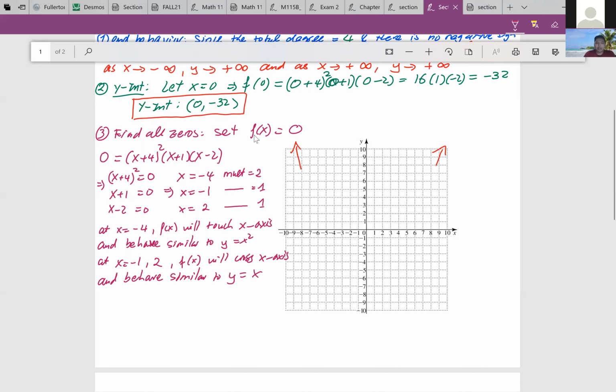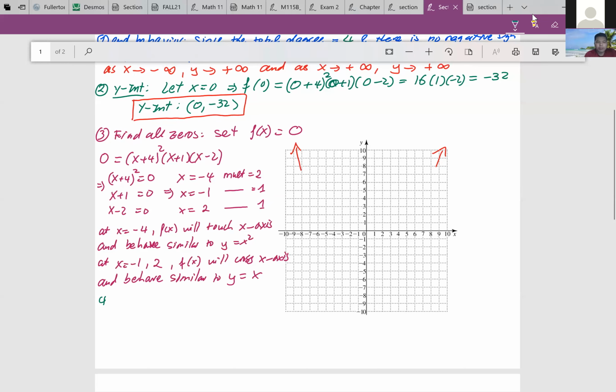Okay, and then the last step is how many turning points are we expecting? So you look at that, the degree is equal to 4. So f of x will have a maximum of 3 turning points.